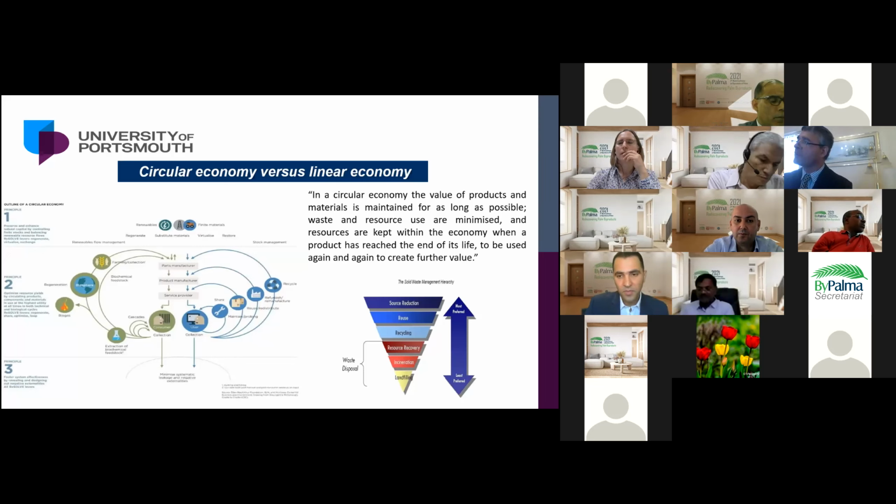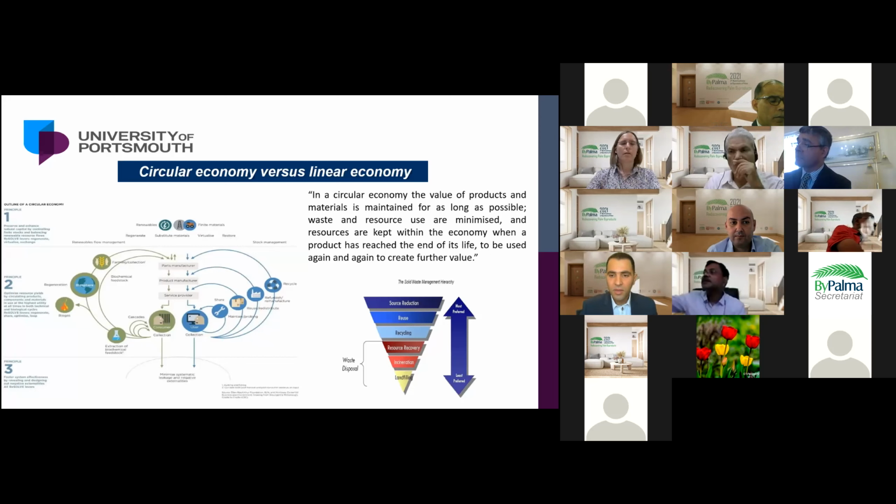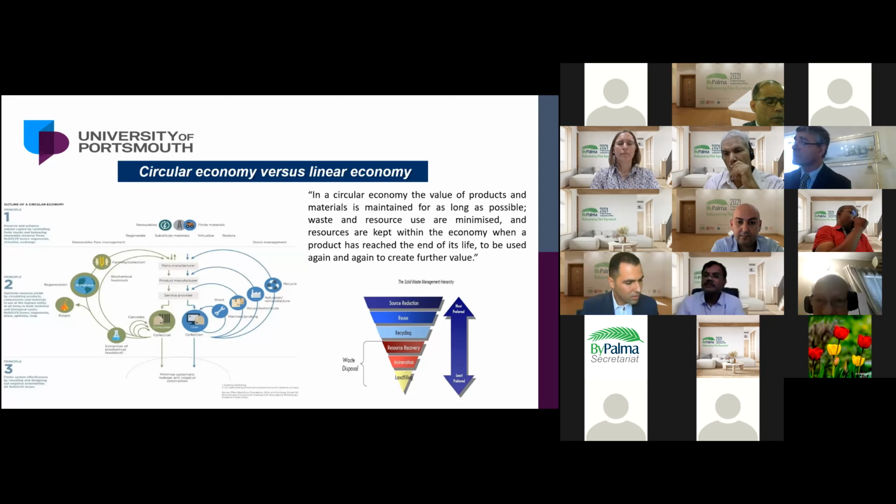And then if we look at the solid waste management hierarchy, obviously we want to reduce the source material, try to reuse it and recycle it, and resource recovery through incineration perhaps, and then a very little amount of material should go to landfilling. So the most preferred option is resource reduction and reuse, and the least preferred option is incineration or landfilling.